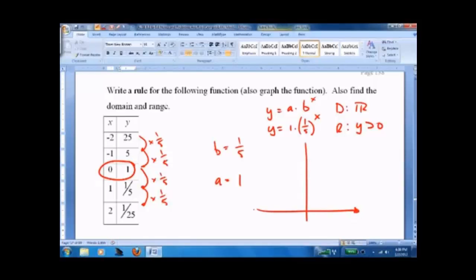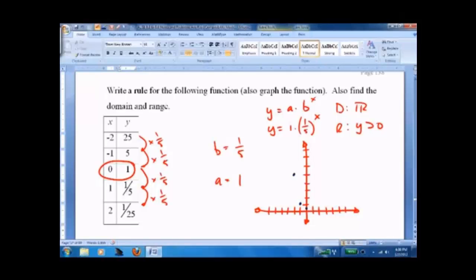We want to do a quick graph. -2, 1, 2, up to 25. We'll go by 5s, 5, 10, 15, 20, 25. -1 is 5. 0 is 1.